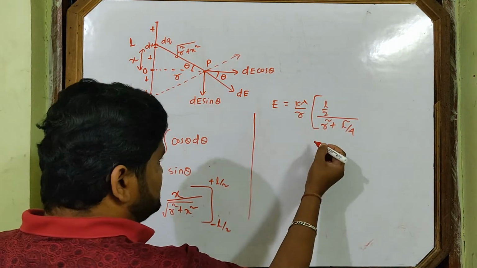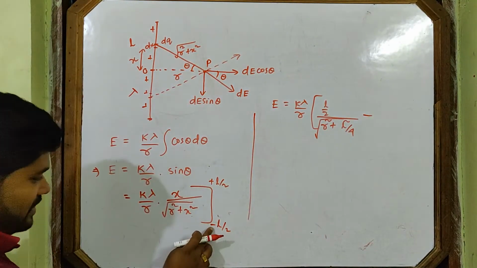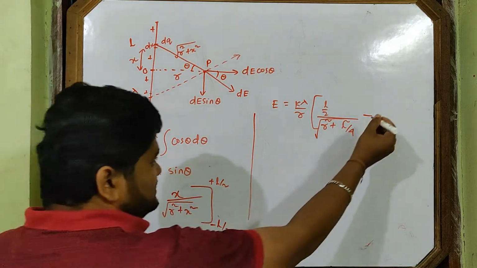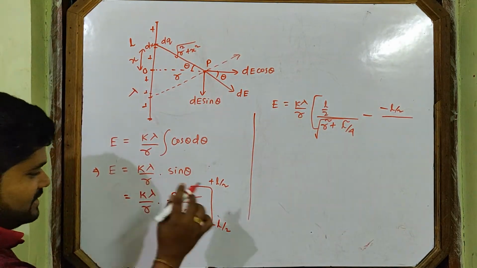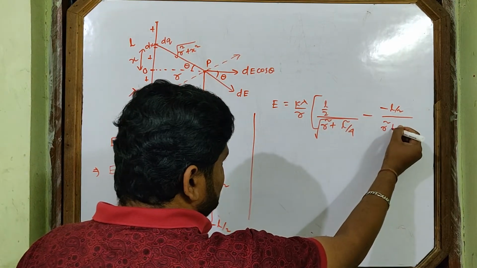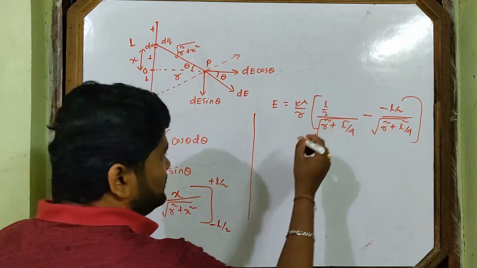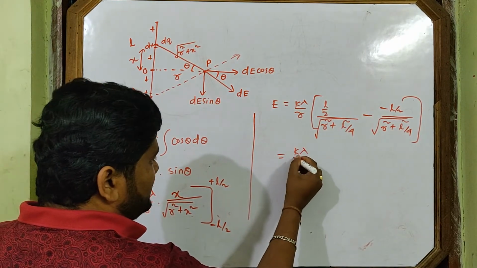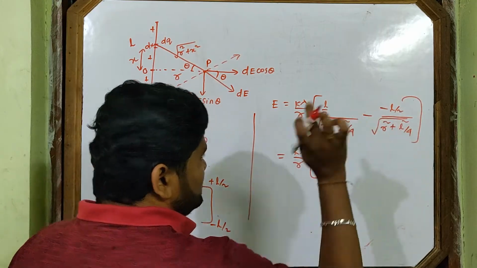First put the upper limit. Then minus, the minus sign is here, minus L by 2. Now I am putting the lower limit, minus L by 2, divided by the square root of r square plus L square by 4. What is it coming to? K lambda by r, L by 2 minus minus L by 2.